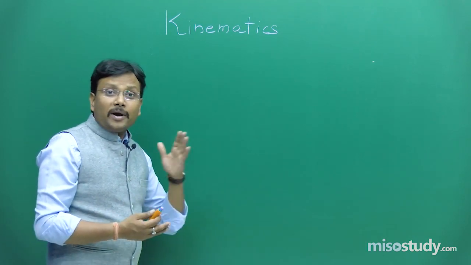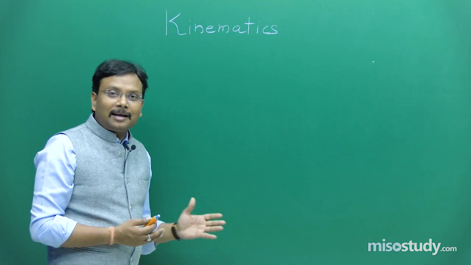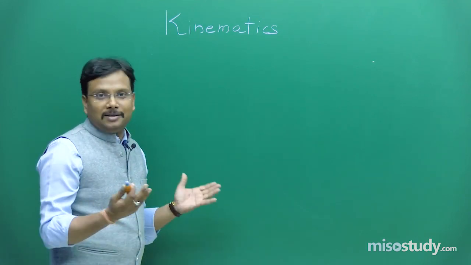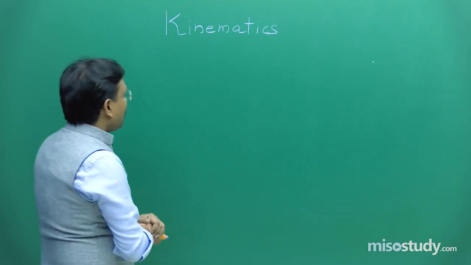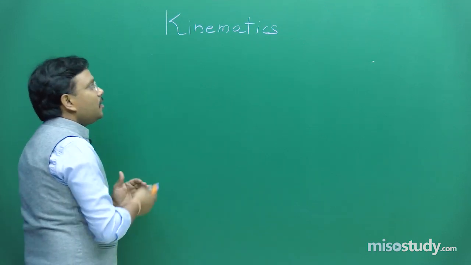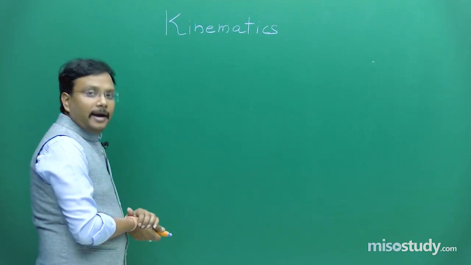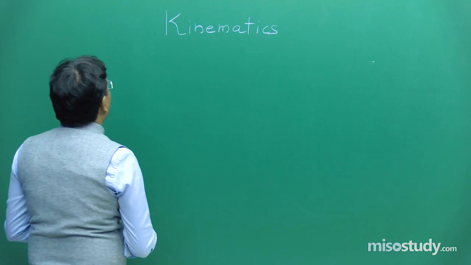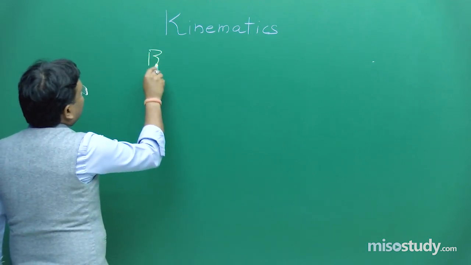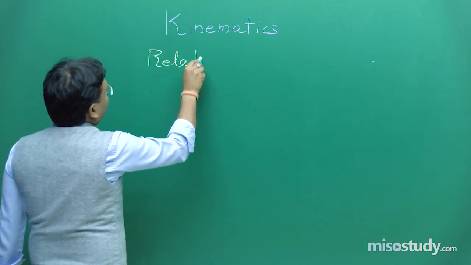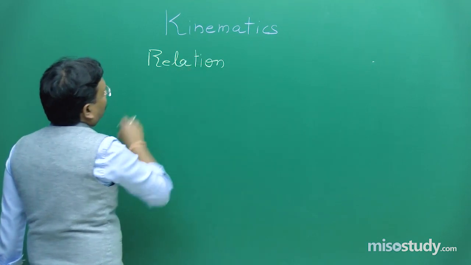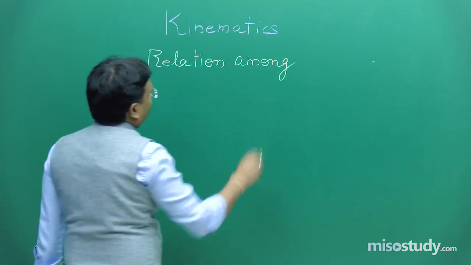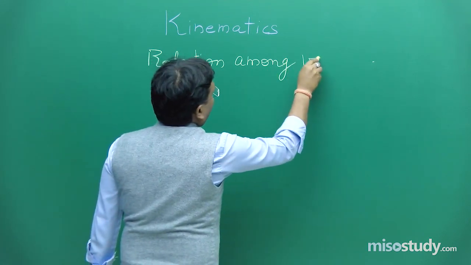Characters in the sense, one character was velocity, another was acceleration, displacement, distance, all these things. So today we are going to start a new subtopic under this heading. And what is this new topic? That is relation among variables.